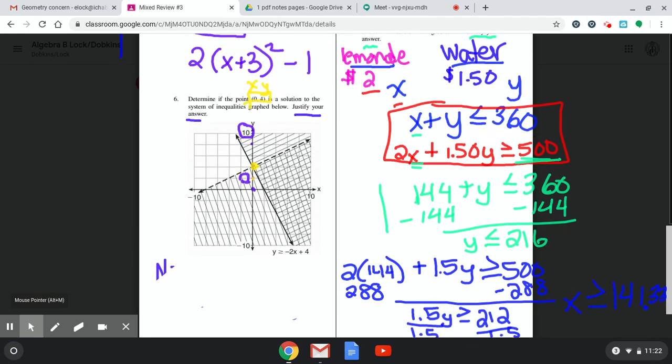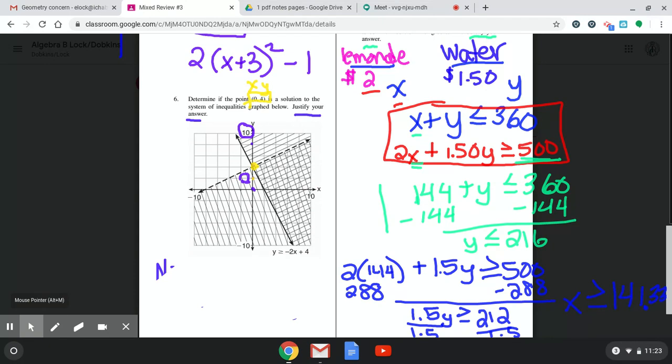We can't buy a third of a bottle of water. So here, if we have 141, we can test it back into the equation, which is where I'd love to bring up a calculator. But in this case, we're going to round down. We're going to keep it to 141.